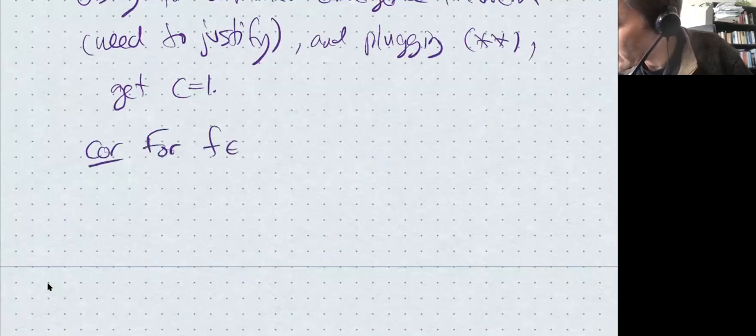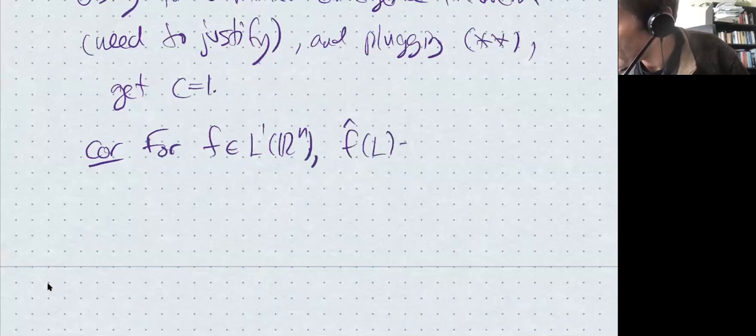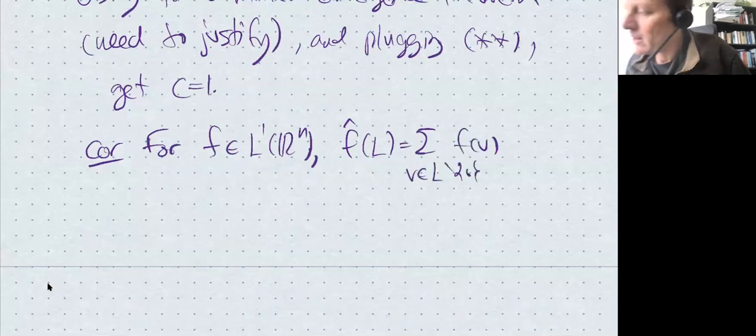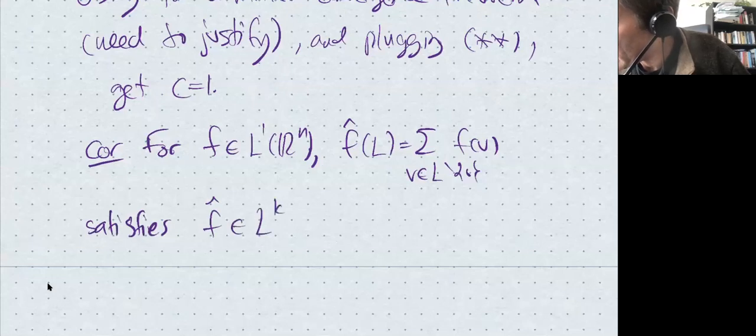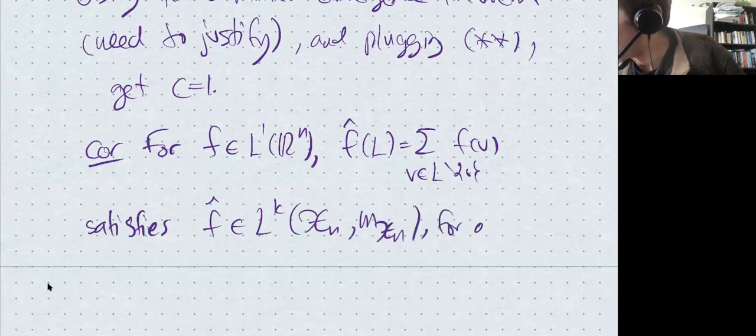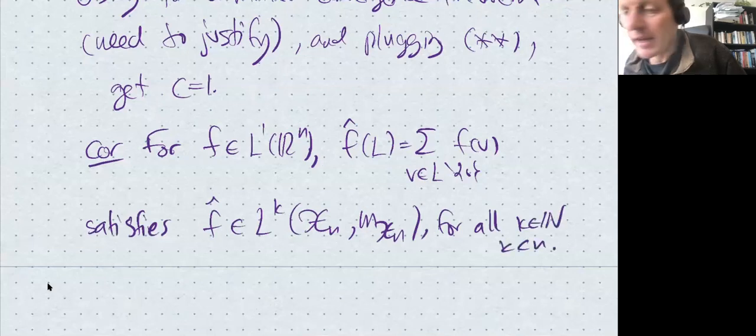For f in L^1(R^n), f hat, defined in the usual way as the sum over all non-zero lattice points, is in L^k on the space of lattices for all integers k less than n.